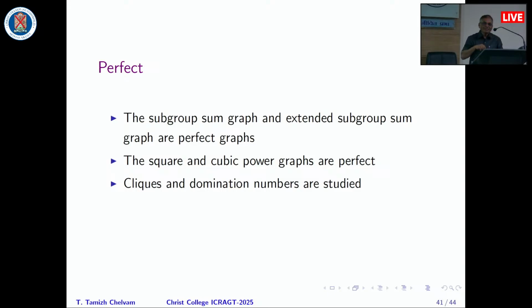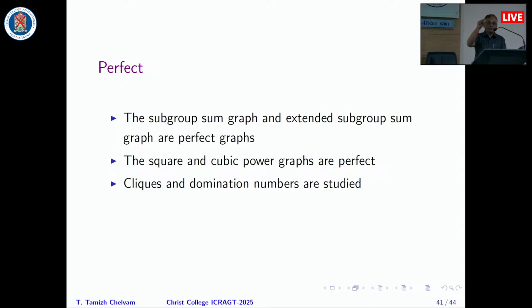Sir, my question is, for the case of the square graph, if 2 is a generator, then all the elements are a multiple of 2.